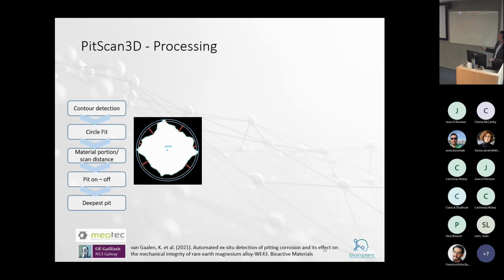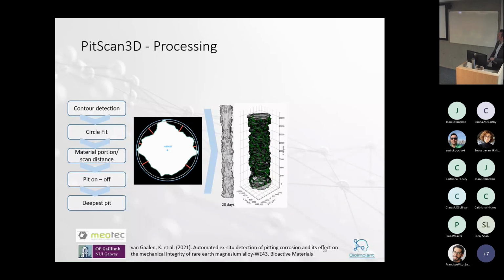From this interpretation, what we identify is essentially a series of pits around this surface. And this is carried out in 3D, so it takes into account the layer above it as well. And this is essentially what we characterize as a pit around that material.